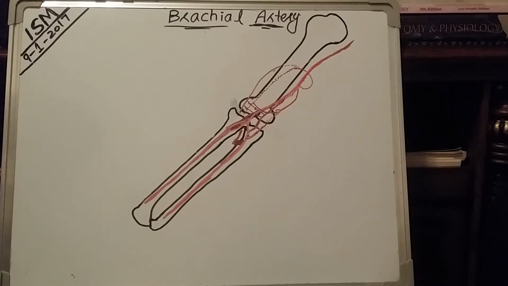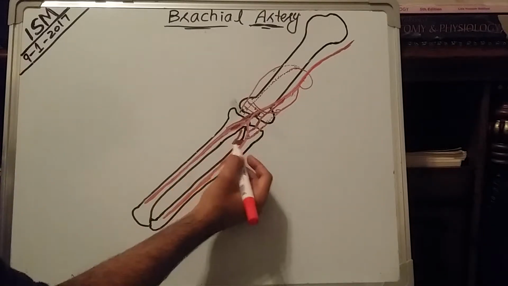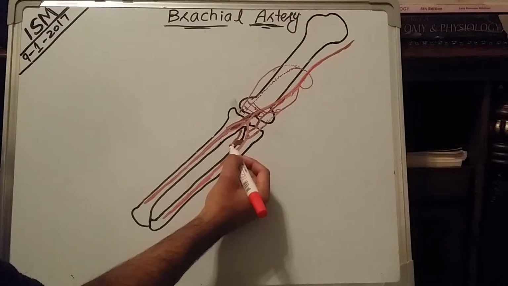The posterior interosseous artery moves upward and forms an anastomosis here. And another group of arteries comes downward, two arteries.